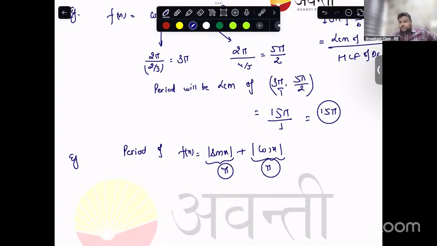Now, that is pi. But sometimes what happens? Functions are interconvertible. Like if I check for f of x plus pi by 2, what do you get? Mod of sin of x plus pi by 2, mod of cos of x plus pi by 2.